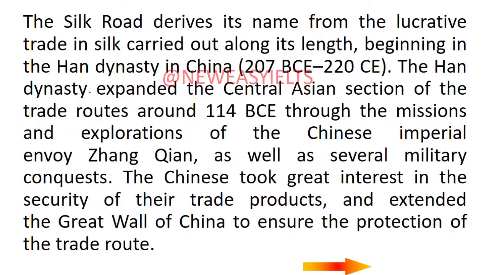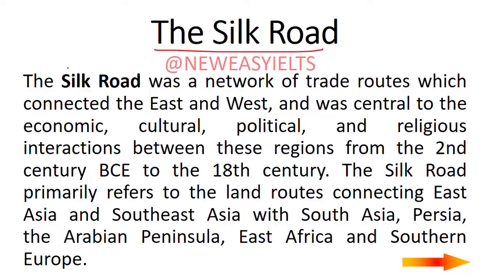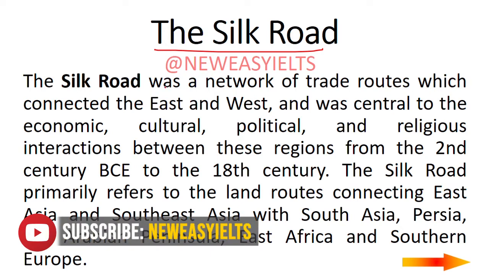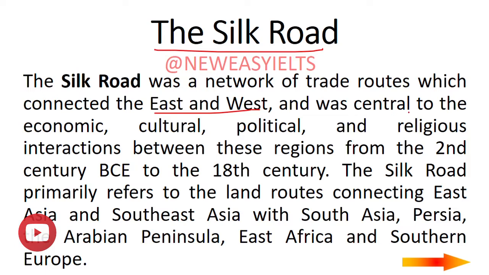So let's move back to the starting of the passage. The Silk Road was a network of trade routes which connected the east and west, and was central to the economic, cultural, political, and religious interaction between these regions from the 2nd century BC. We have read till here, but nothing is there.